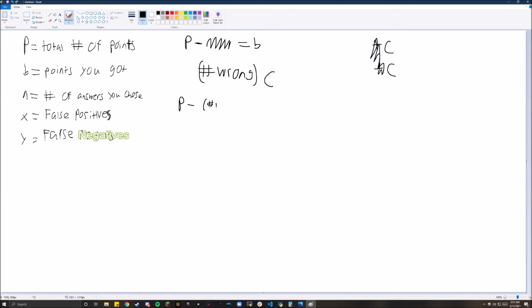The number wrong times C equals the points that you got, B.